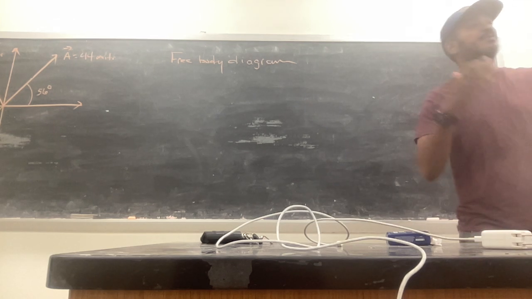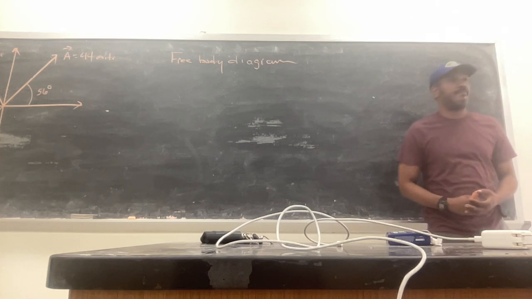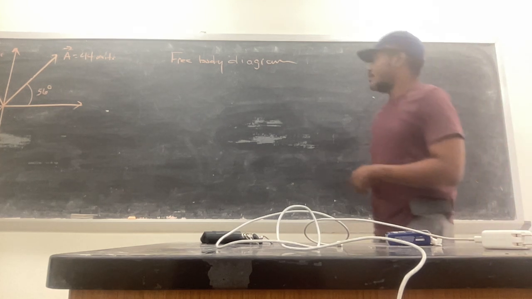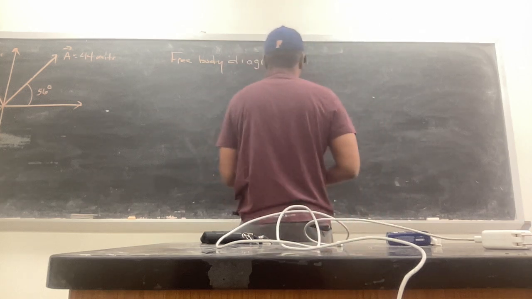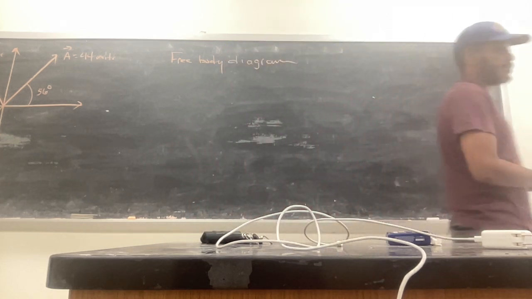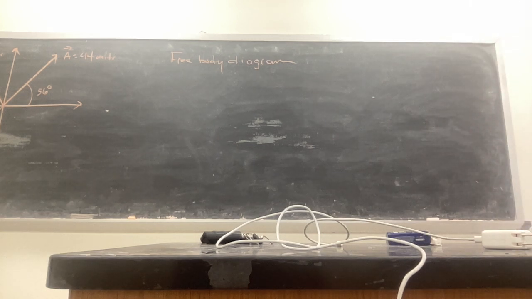That was to prep you for the free body diagram, okay? So the free body diagram goes like this, right? The first 3 chapters were dedicated to motion, right? How things move, okay?